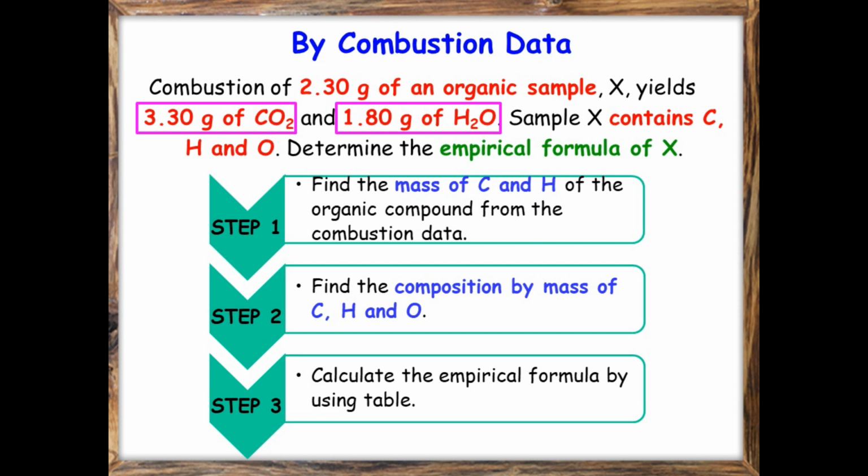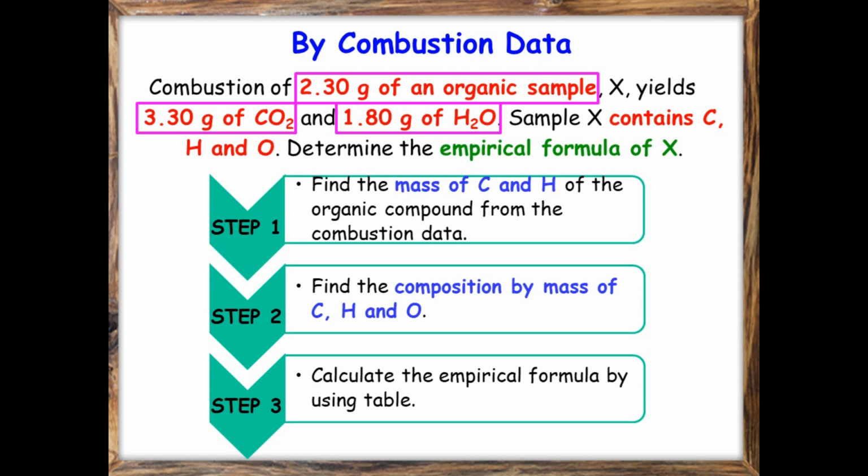Step 2. Find the composition by mass of carbon, hydrogen and oxygen. Now we get already mass of carbon and hydrogen. Therefore, mass of oxygen is equal to total mass of sample minus mass of carbon and mass of hydrogen. Step 3.